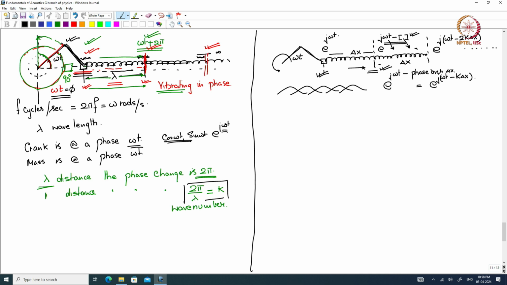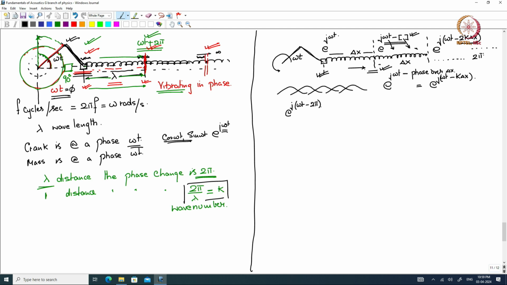So, if I make this phase change equal to 2 pi, e to the power j omega t minus 2 pi, that means there is a point to the right which is experiencing a delay of 2 pi. That means what?